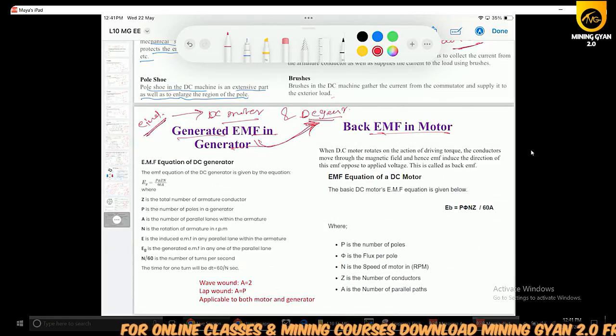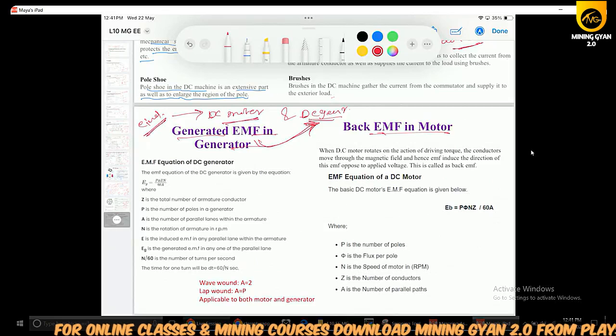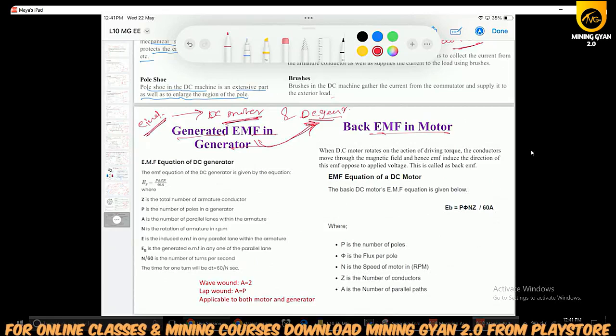But in case of the motor, we are applying the electrical energy at the input side of the motor, and hence there will be an induced EMF, and that is called back EMF, because the back EMF will oppose its cause. So there will be induced EMF in both cases, and their equations are the same.